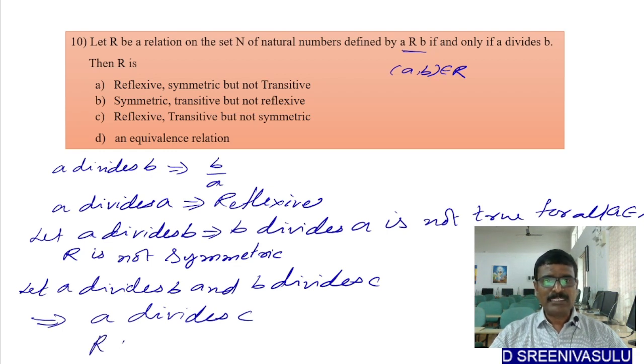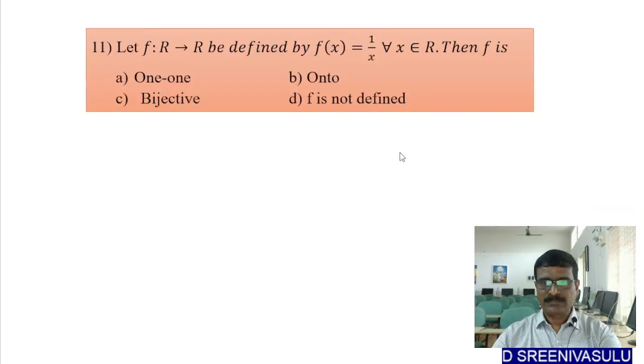Therefore, R is transitive. It is reflexive and transitive but not symmetric. Let us see which option is correct. Here it is not symmetric. It is reflexive, transitive but not symmetric. Option C is the correct one.